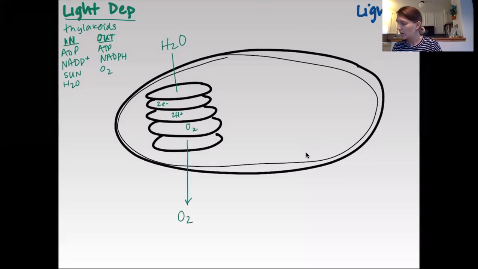And remember, in the light dependent reactions, these electrons are going to be stimulated by a photon of light. They are going to move through ETC2, which is going to generate a hydrogen gradient inside the thylakoid membranes. Those H's are going to go down their concentration gradient through ATP synthase to generate ATP, right?